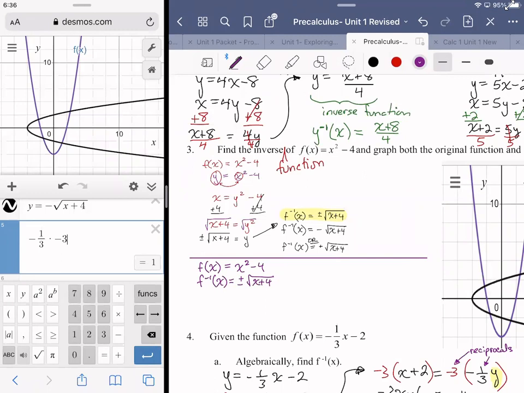All right, so to verify, we would find f of the inverse of x, of f of x, which means that everywhere I have an x in my original function, I'm replacing it with the inverse. The inverse is f inverse of x.